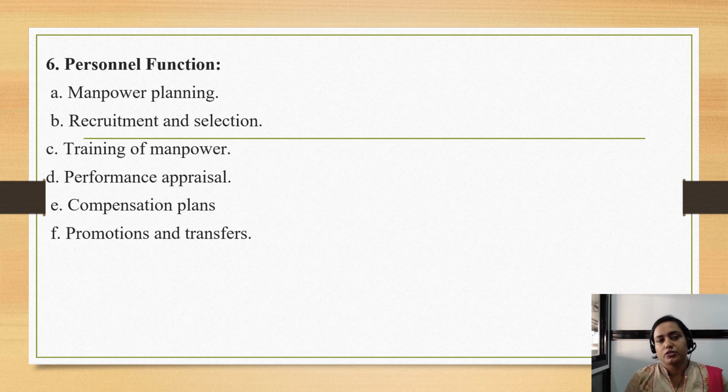So when we talk about HRM, it's not only finding the right person for the right job. It consists of their training, their overall appraisal, and their overall compensation, how they are giving compensation to the skilled or unskilled workforce, and looking at the different promotion and transfer policies of the business.